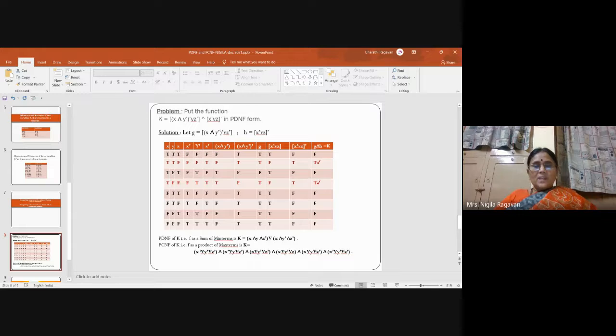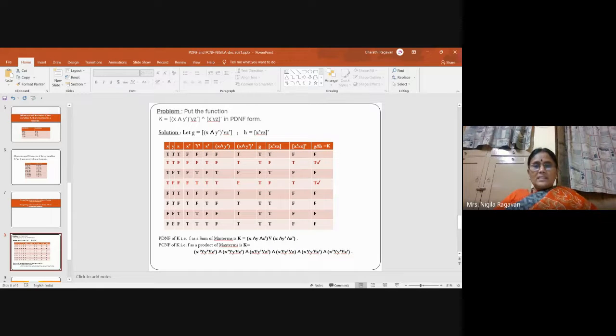In between these two minterms, put cup. We get the sum of minterms. So the final answer for K in terms of PDNF, we have written down. There are only two minterms since there are only two T values for K.